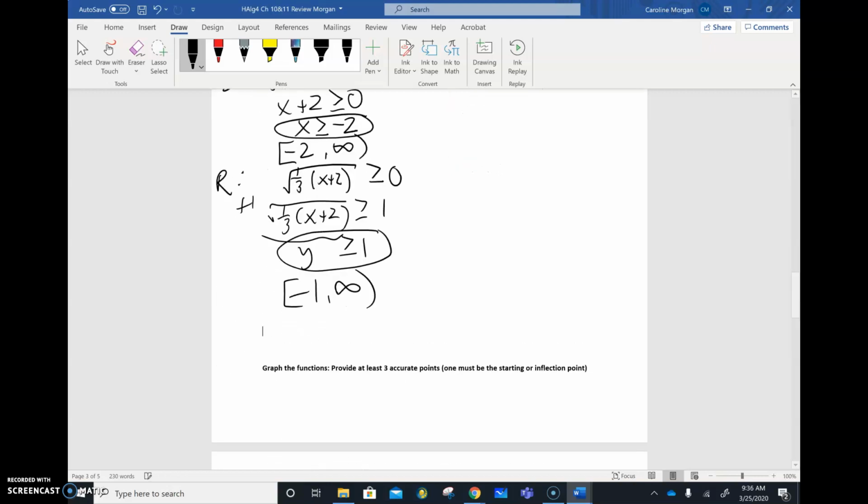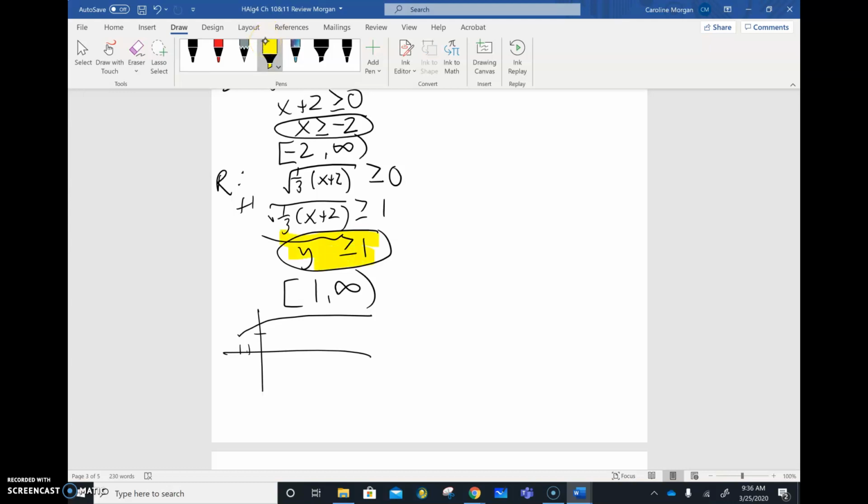My graph for this looks something like this. It makes sense. The range, oh, that shouldn't be negative, should be 1. The range is 1 to infinity, and the domain is -2 to infinity. Okay? All right, I'm going to stop this video here and start the next one on number 6.